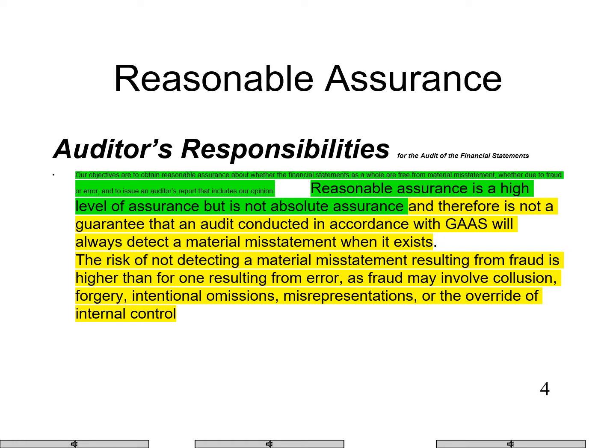Also, we should point out the risk of not detecting a material misstatement from fraud is higher than the risk of not detecting a material misstatement from error, because with fraud, the intention of the perpetrator is to hide the fraud from us, whereas with an error, management is likely going to try and help us find errors, but if they've committed a fraud, they won't help us find that.